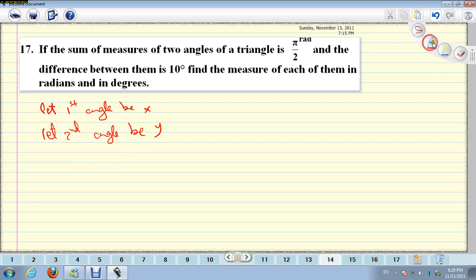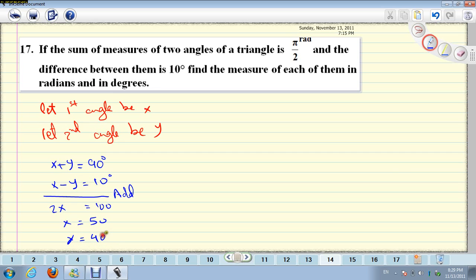The question says that the sum of them, x plus y, equals pi over 2, which is 90 degrees, and the difference between them, x minus y, equals 10. Then we have two equations. I'm gonna solve these two equations by adding them. So 2x equals 100, so x equals 50, and so y will be 40 degrees.